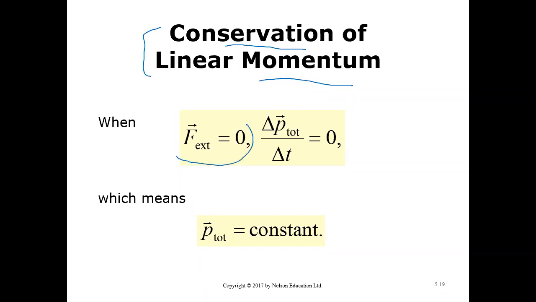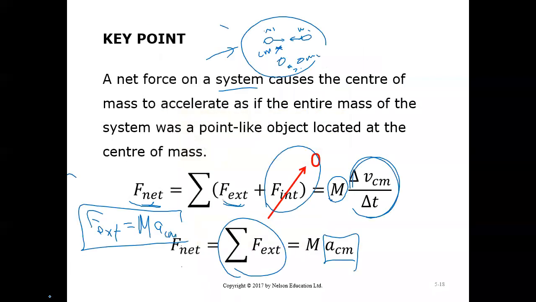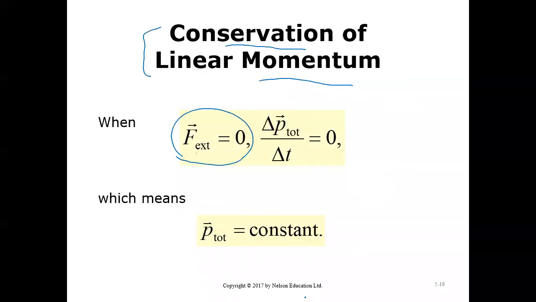provided, it is not always true. If the net external force is zero, then we know previously we had this equation: external force is equal to mass times acceleration of the center of mass. So we can also write, external force is equal to the rate of change of total momentum.